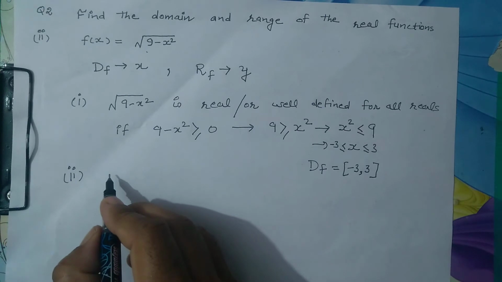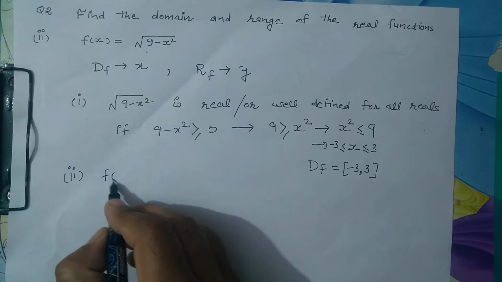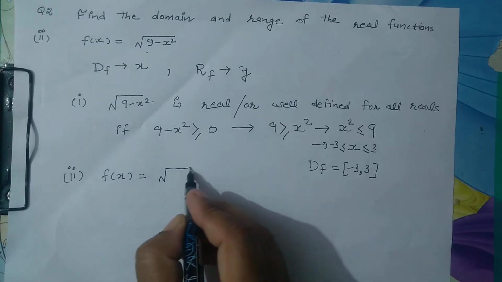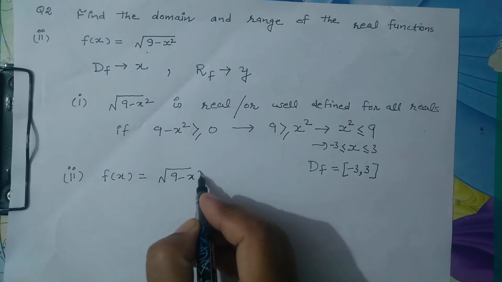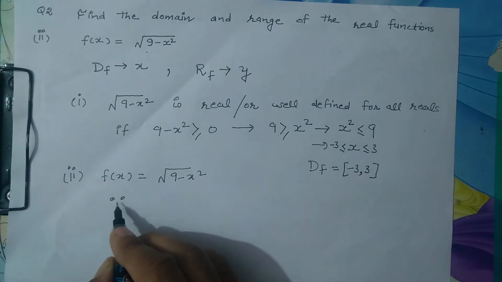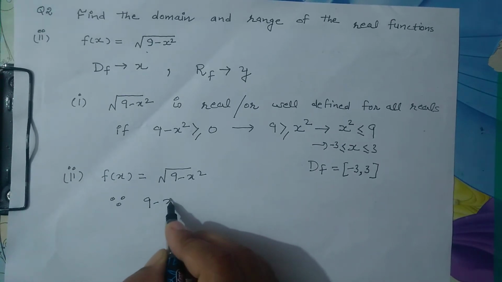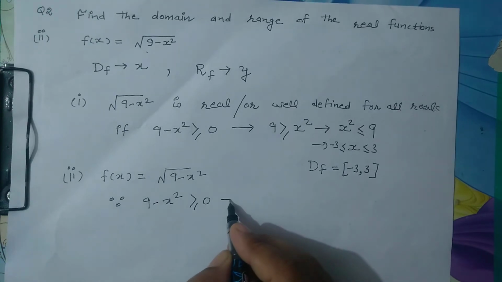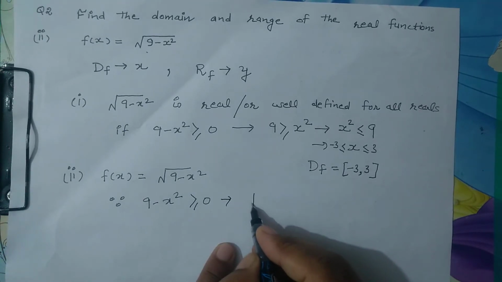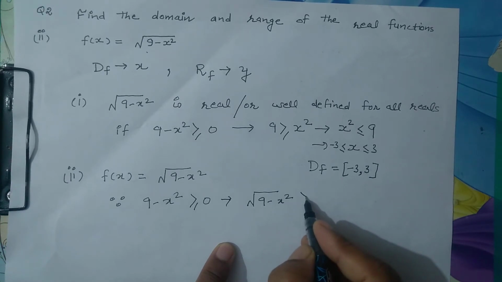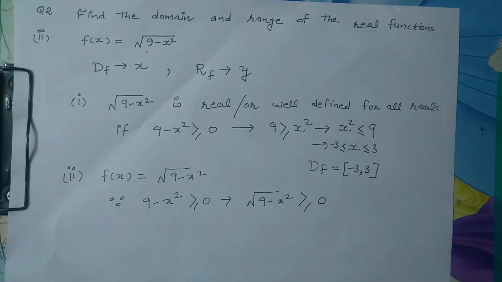So first of all, my dear students, f of x is equal to square root of 9 minus x square is given. Okay, because 9 minus x square is greater than or equal to 0, it means square root of 9 minus x square is also greater than or equal to 0.